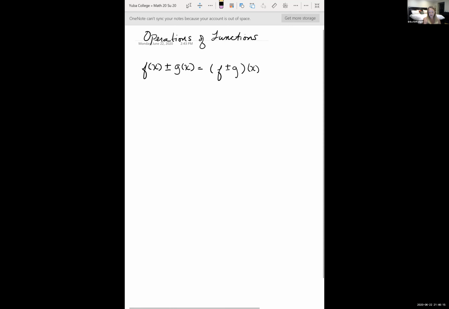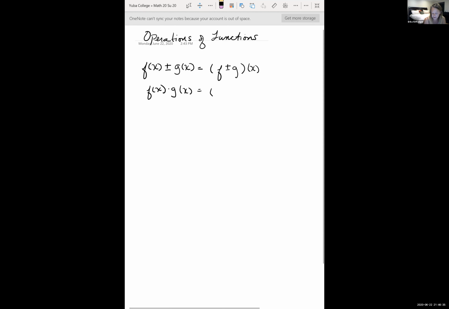I don't like the way this notation looks like you do the distributive property of x and get this back, but that's not the case. It doesn't mean the same thing. If you were multiplying your two equations, f of x times g of x, sometimes you denote that by a little dot in between.